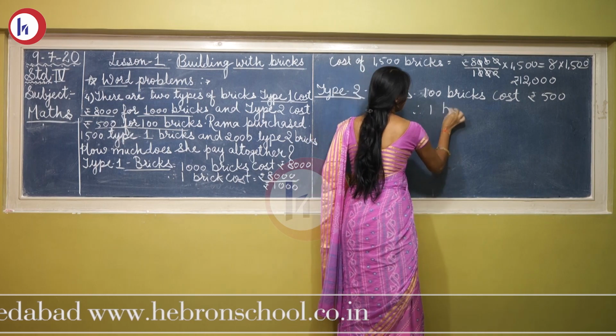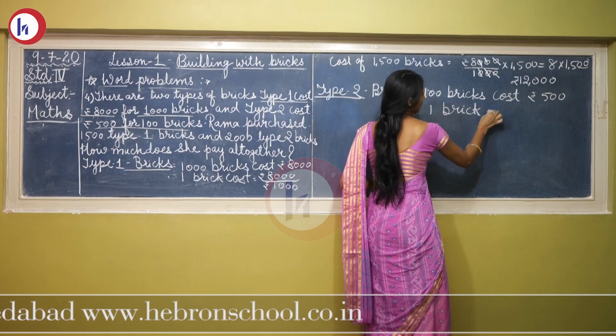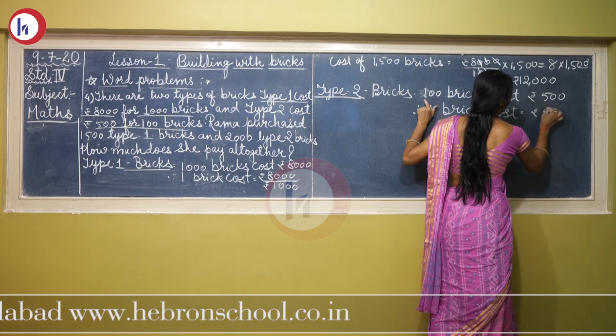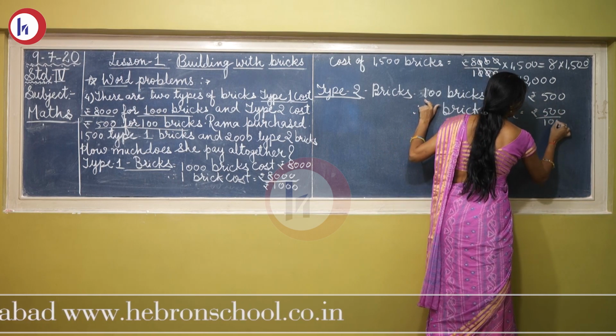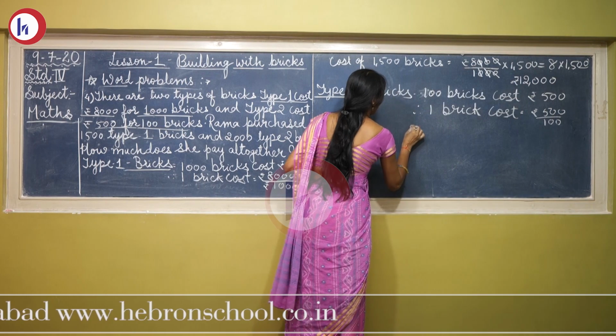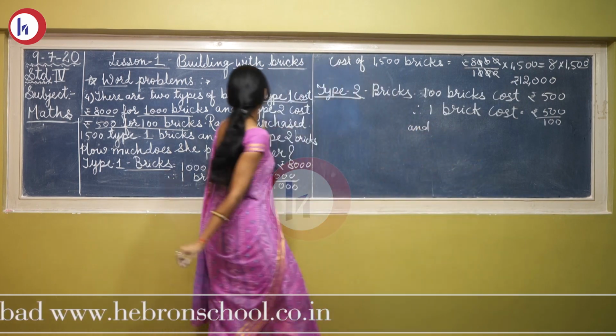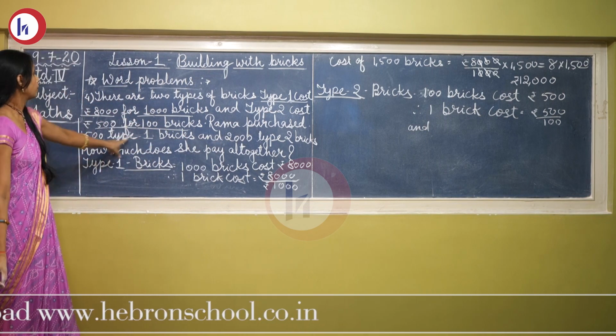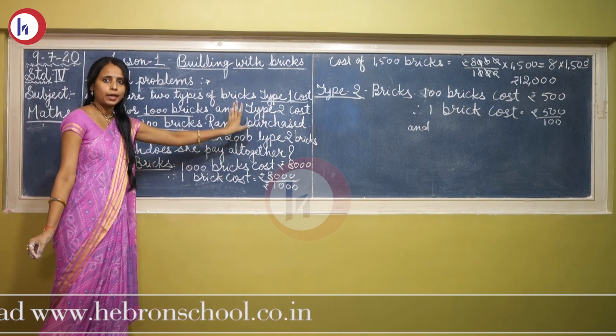So 1 brick costs rupees 500 divided by 100. And how many bricks did she purchase? Here, 2,000 type 2 bricks.